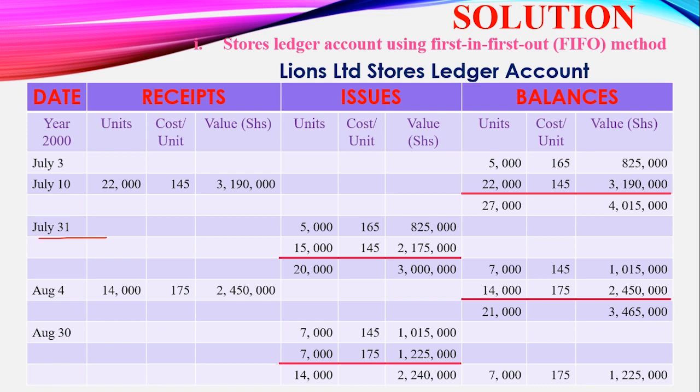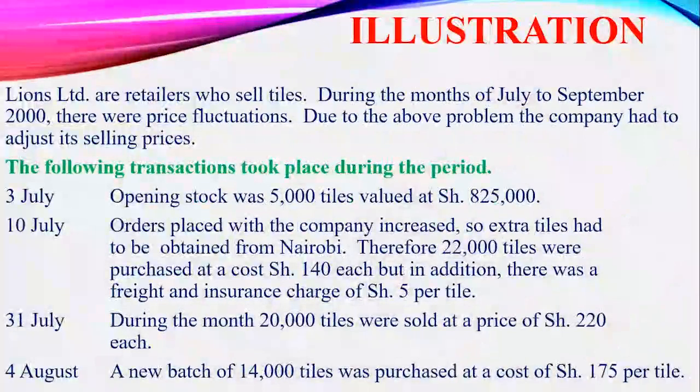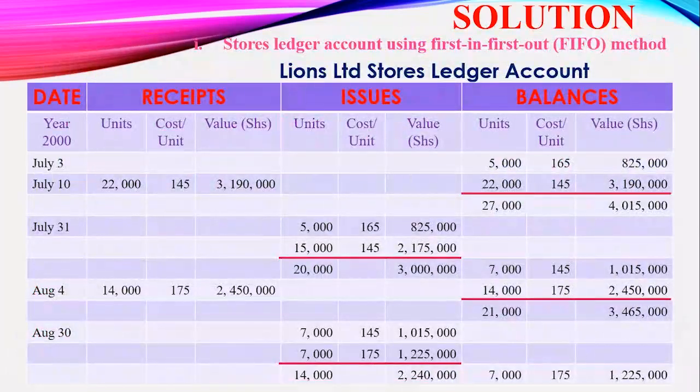We go to July 31st. On July 31st, during the month, 20,000 tiles were sold. So here we have some sales. We are going to the issues.